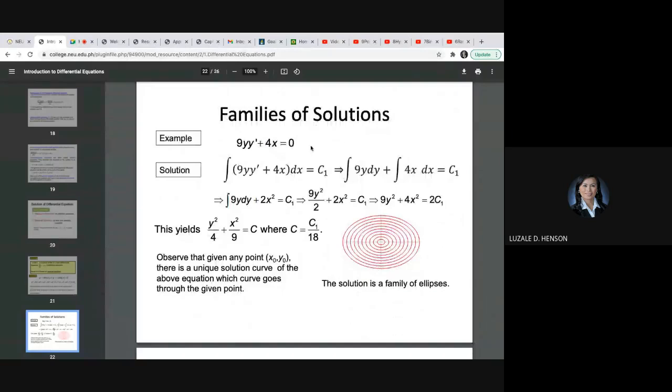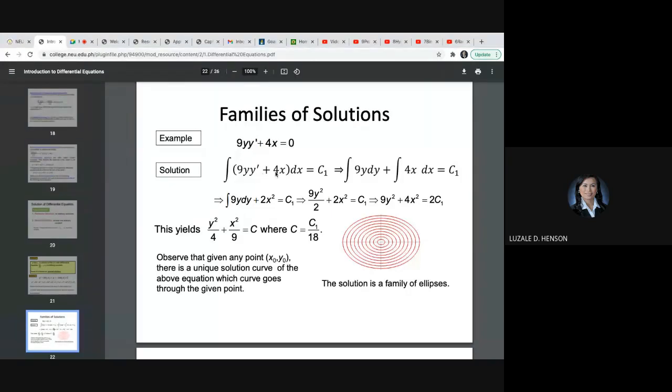Now, families of solutions naman. We all know na ang differential equation, pagka i-solve mo yan, you will arrive at a function. Diba? Kaya ito, solution nito, edi integrate mo isa-isa. Kasi what's the integral of 9y dy dx?